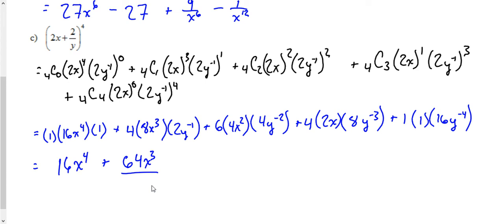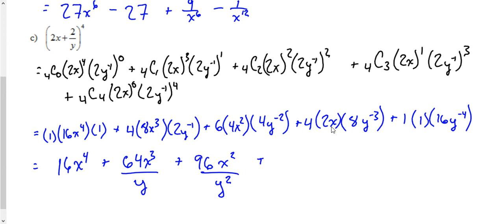That y exponent negative 1 flips to your denominator, becoming y to the 1, y positive that is. We're going to add on 6 times 4 times 4, which is 96. X squared remains in your numerator, y squared in your denominator.